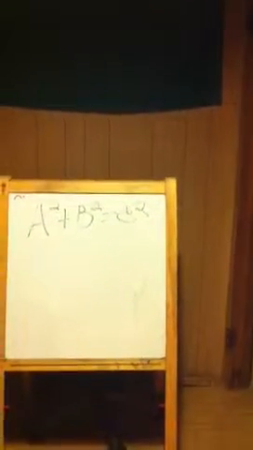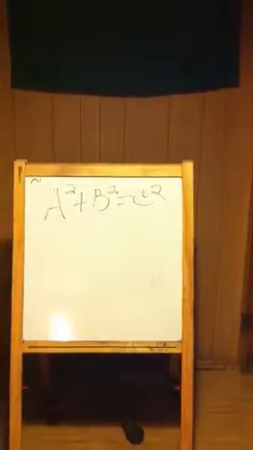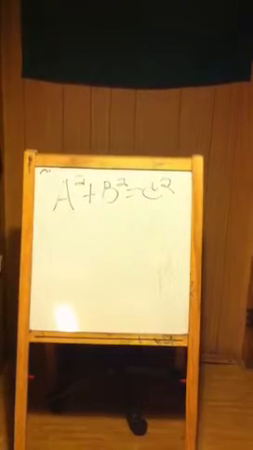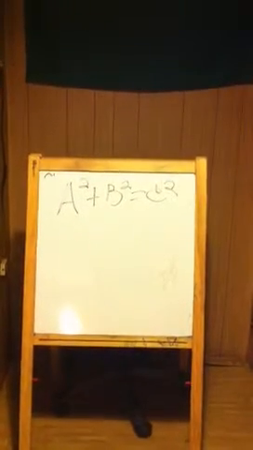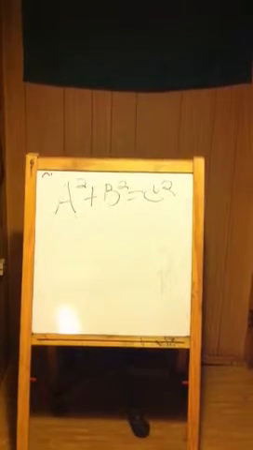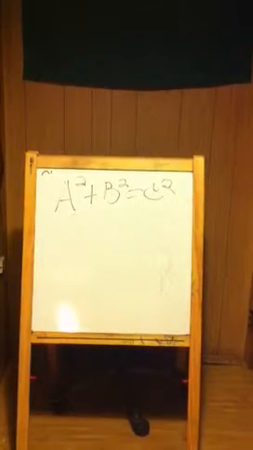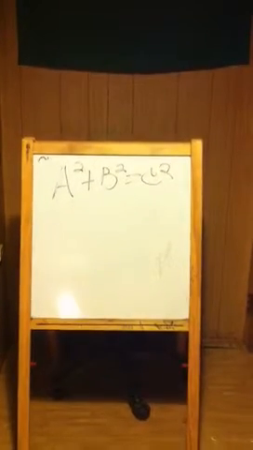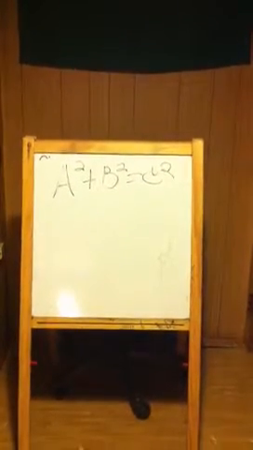A squared plus b squared equals c squared. The Pythagorean theorem states that the hypotenuse squared is equal to the sum of the squares of the legs of a right triangle. The worksheet gives us 2 examples of how the Pythagorean theorem works.